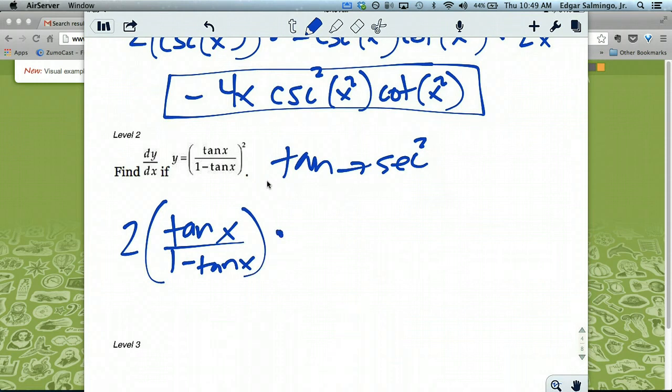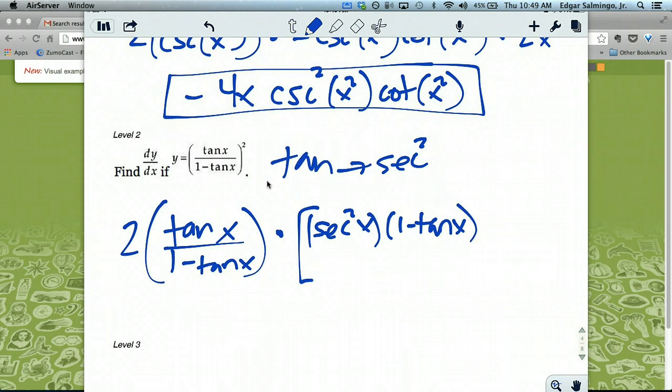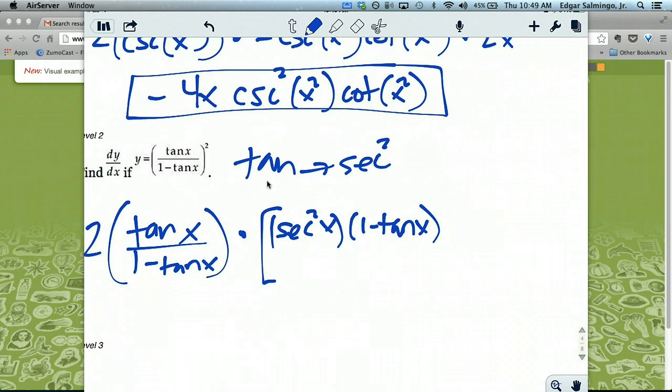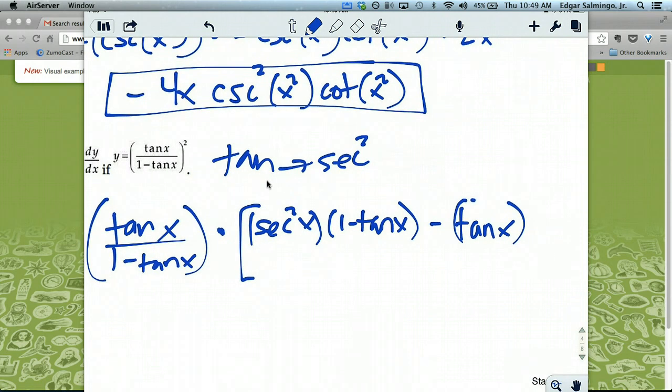You should know the inside is a quotient rule, so now I got to do quotient rule to this thing. Okay. In quotient rule, I take the derivative of the numerator, secant squared x, leave the second part alone, which is 1 minus tan x. Okay. Minus, I'll leave the first one alone, which is tangent x. And then the derivative of the second one.